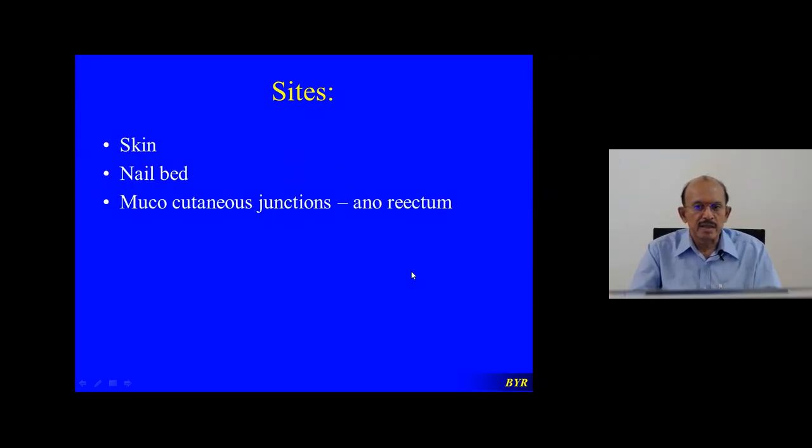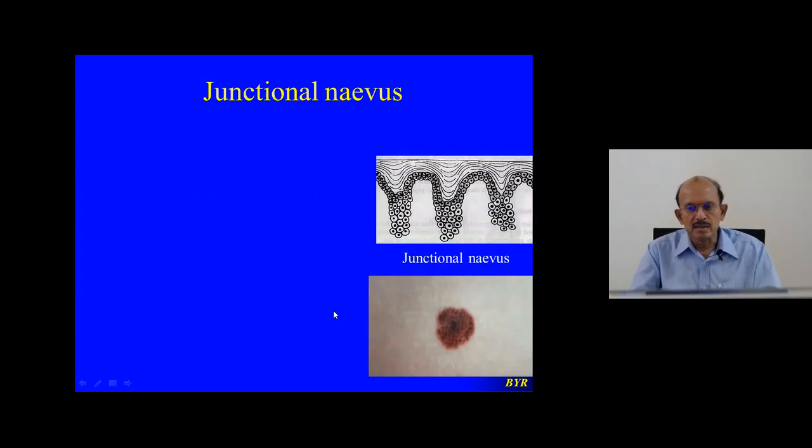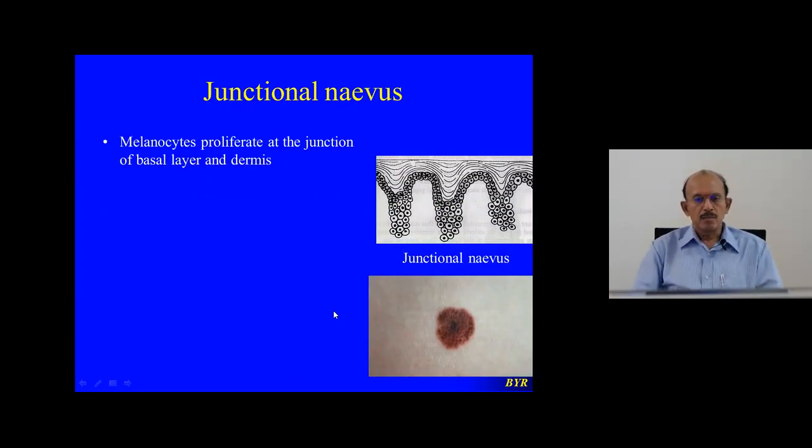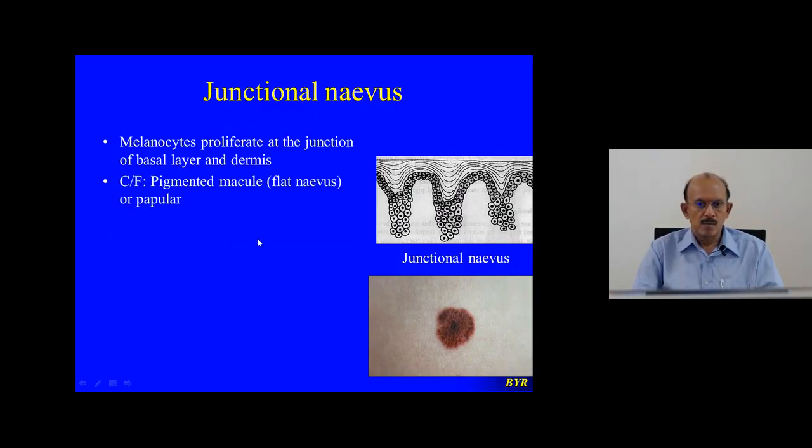They cover the skin, nail bed, mucocutaneous junctions like anorectum, conjunctiva, and meninges. The next is the junctional nevus. Melanocytes proliferate at the junction of the basal layer of the epidermis and the dermis. So this is the basal layer and this is the dermal layer. At their junction they proliferate.